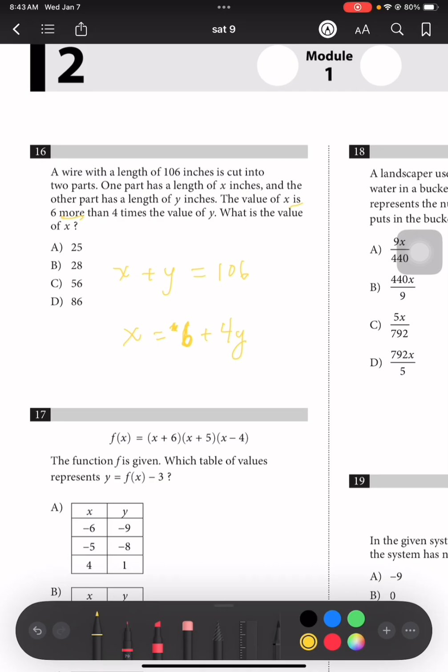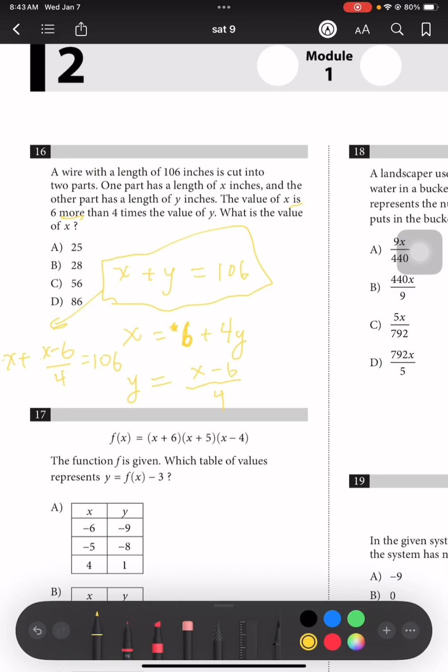Well, let's take this equation here and substitute out the y. You move the 6, right? Let's take the x, subtract 6 on both sides, and then divide the whole thing by 4, and that's your y. And that's how you isolate the y. You put that into the equation. So this equation becomes x plus (x minus 6) over 4 equals 106.